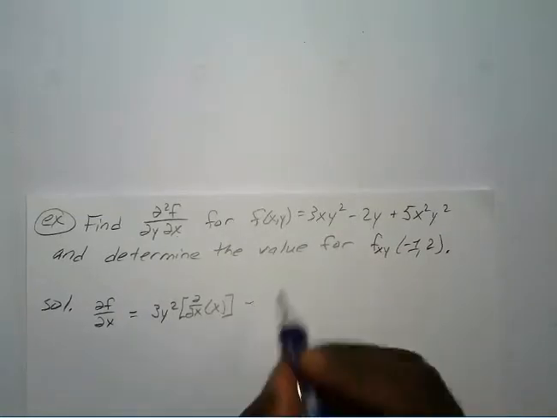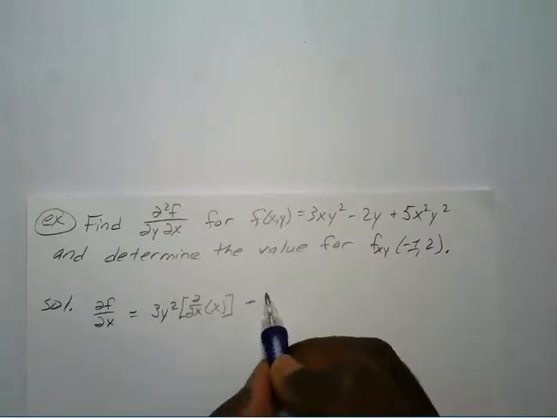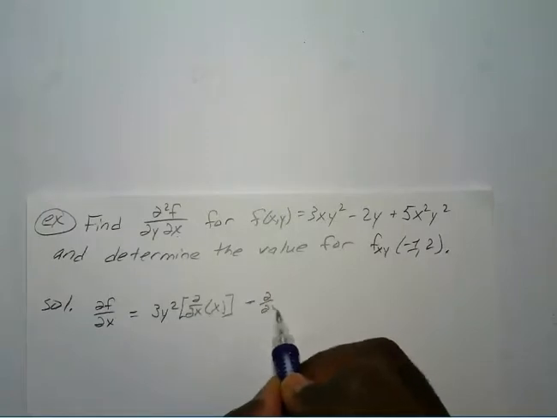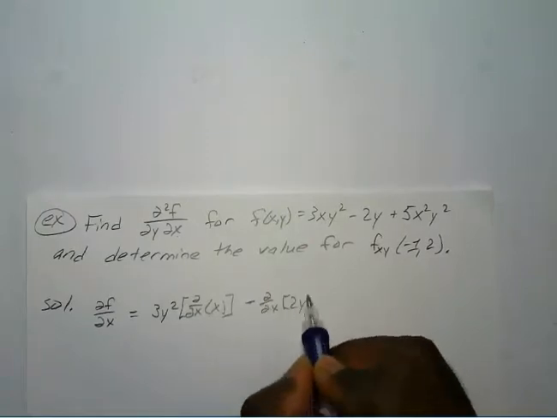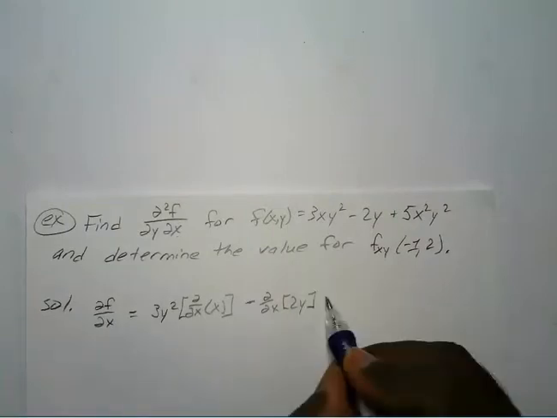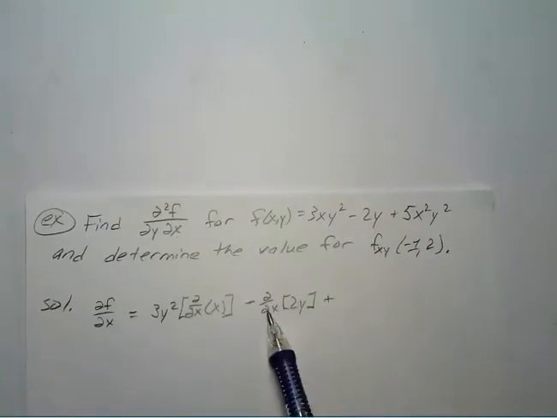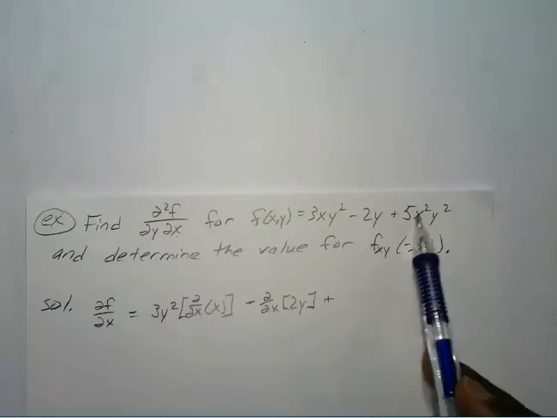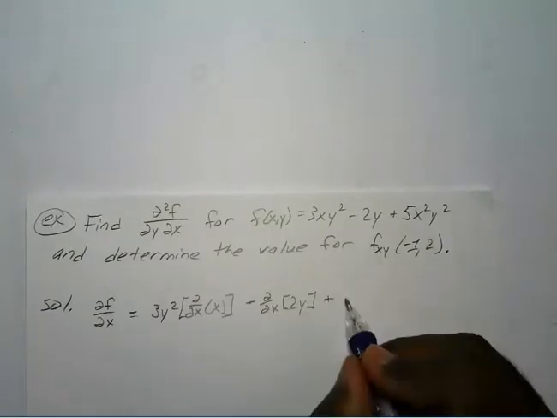minus the partial with respect to x of 2y, and I'm just going to leave that like that, plus, since this is with respect to x, the 5 and the y squared can come out front.